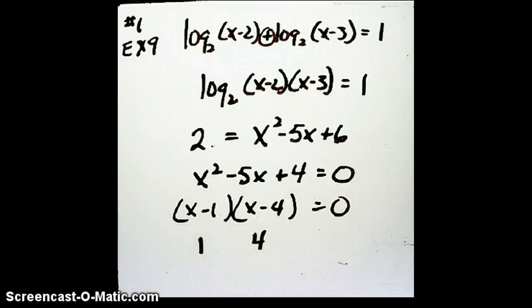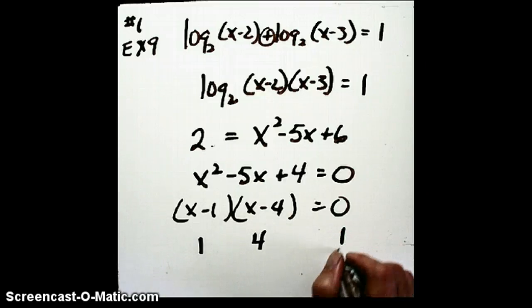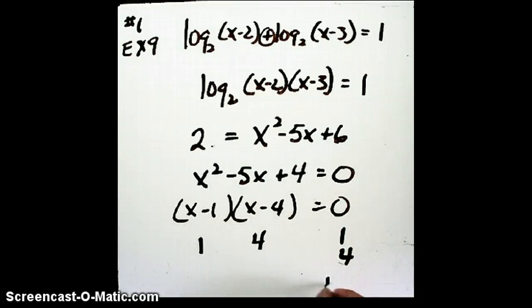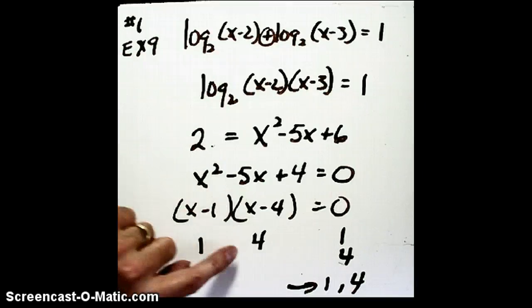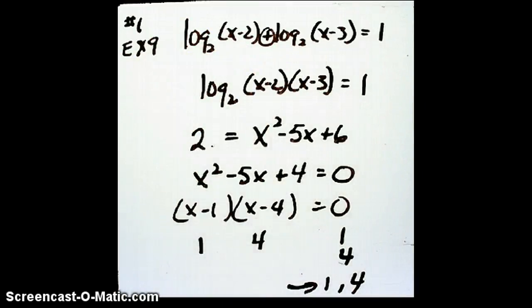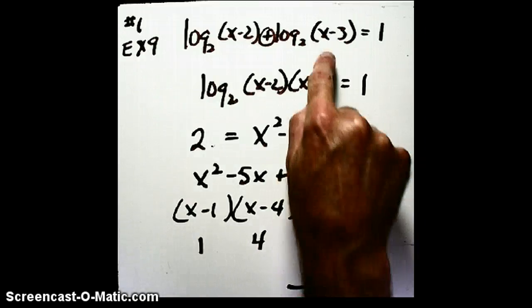Now, I don't mean to be mean, but answer choice A could be 1, answer choice B could be 4, and answer choice C could be 1 and 4. You may want to pick that one, but you may be wrong. Go back and put these values in your problem. Remember, you can't have a negative argument. Let's put the 4 in there. That gives me a 1.